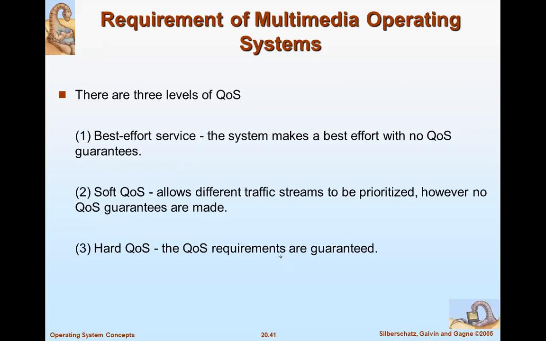The requirements for multimedia operating systems are divided into three levels. The first one is best effort service. There are three levels. The first one is best effort, which means that the system will try its best to provide or to guarantee the necessary quality of service for communication.